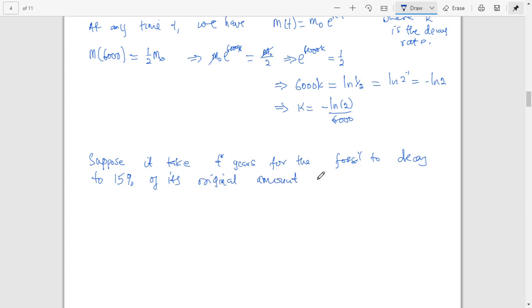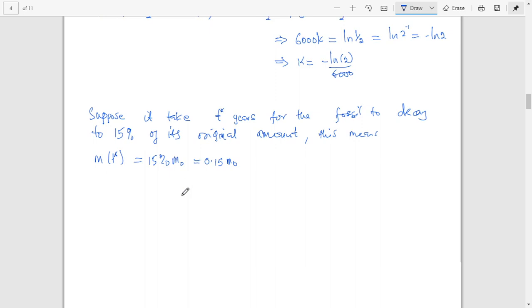So now I want to find what that t star is. This means that the amount at t star is the same thing as 15% of the initial amount, which is m naught. 15% is the same thing as 0.15, that's 15/100 m naught.